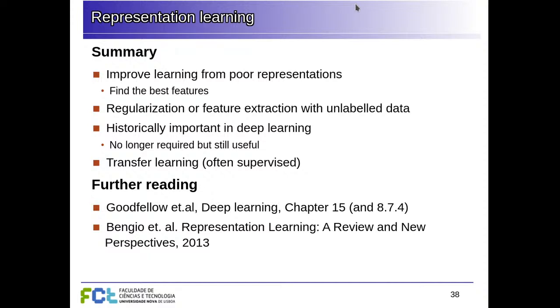For example, unsupervised pre-training of each individual layer is no longer used, but can be useful in some particular instances where you can use unsupervised pre-training to get better representations when you have lots of unlabeled data, and then transfer that into the supervised learning problem. So this is one, aside from the book, you can take a look at this paper. Although it's a bit outdated now, it gives you a good overview of these different aspects and perspectives on representation learning.